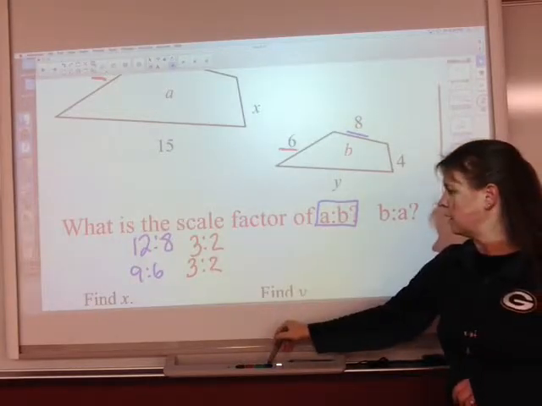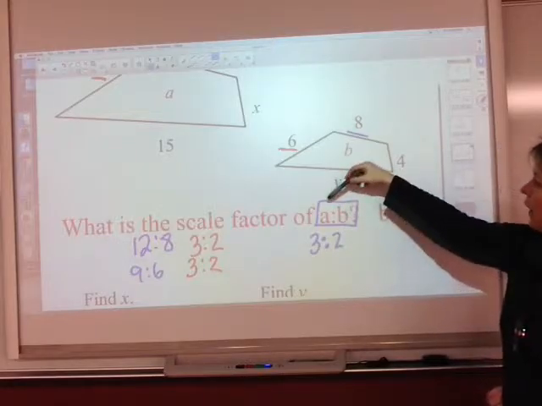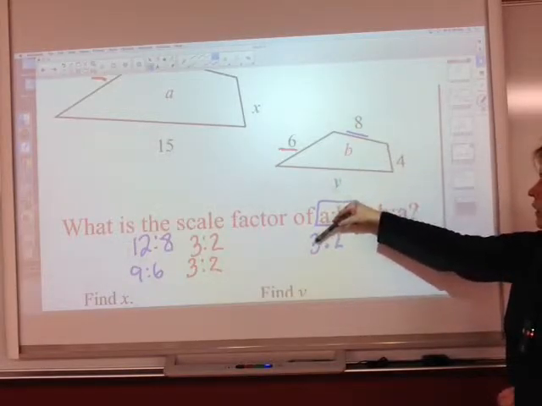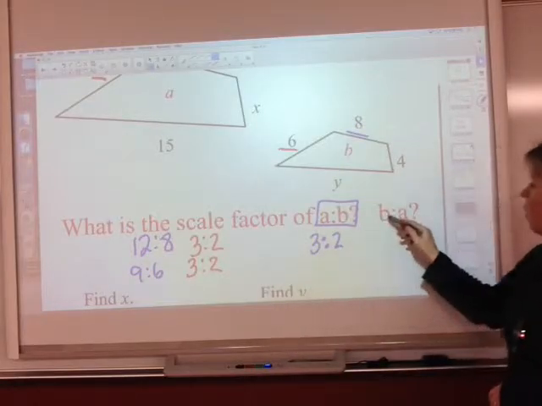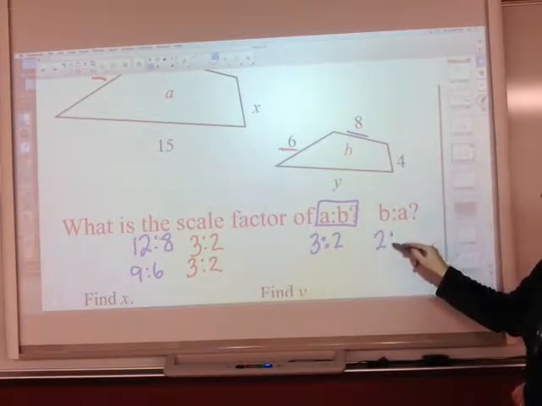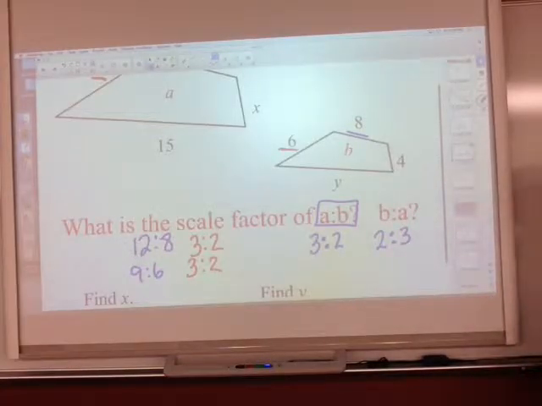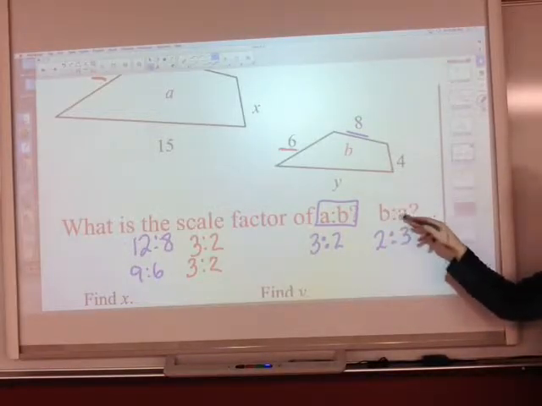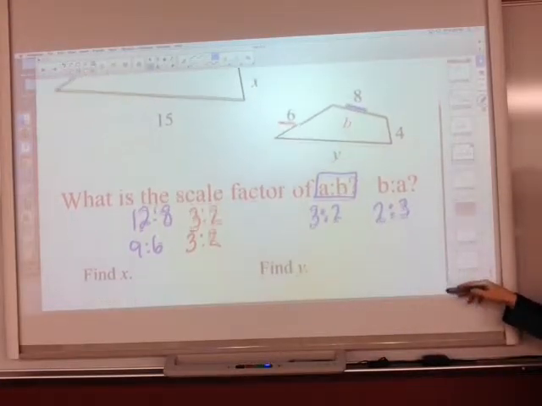You have to say it is 3 to 2. And that way you know that quadrilateral A is bigger than quadrilateral B. If you reverse the order, B to A, then you have to reverse the fraction, the scale factor. If you reverse the order of the question, you have to reverse the order of the answer.